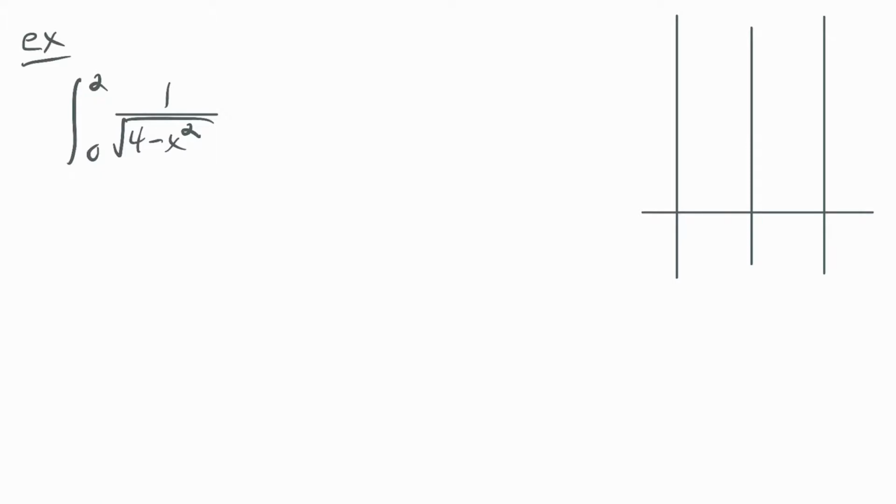Let me make sure these look like asymptotes. If you plug in 0, you get 1/2 as a result. So the graph looks a little bit like a parabola that's trapped between two asymptotes.